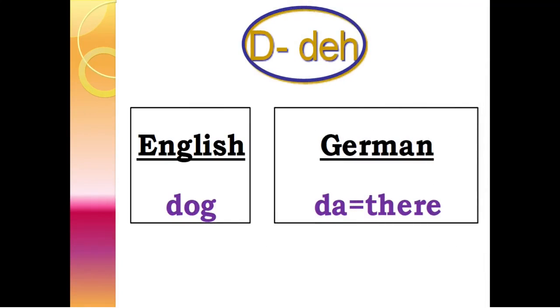Day in an English and a German word will sound alike. For example, dog in English and da in German.